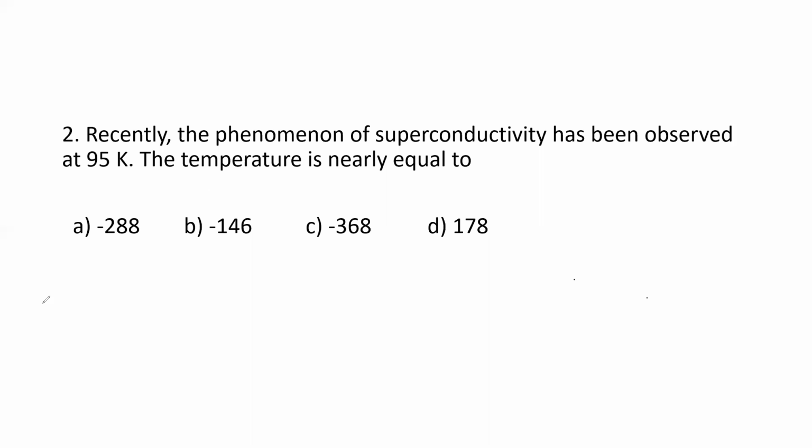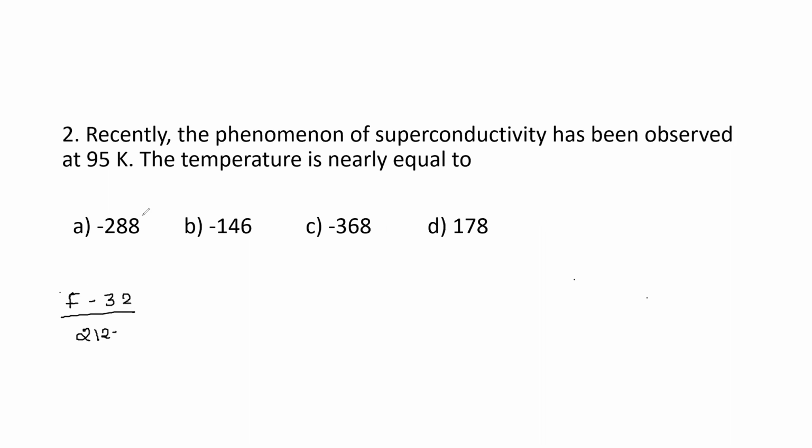See here. Again, we have the formula, that is x minus lower fixed point divided by upper fixed point minus lower fixed point is equal to constant. So write this: F minus 32, that is the Fahrenheit scale, divided by 212 minus 32.